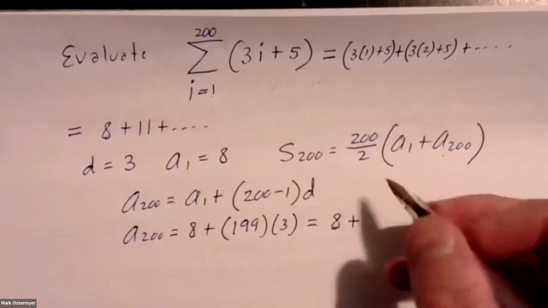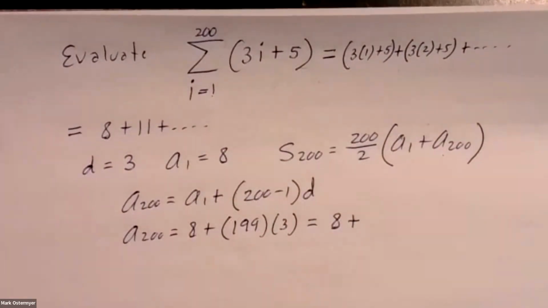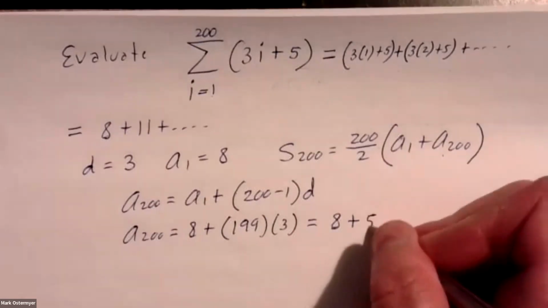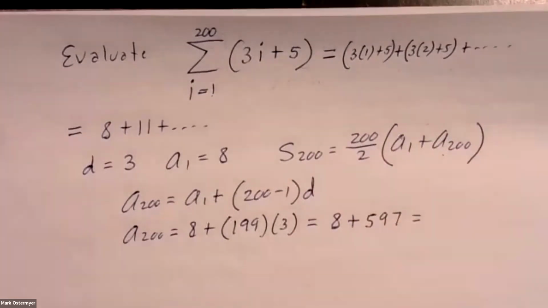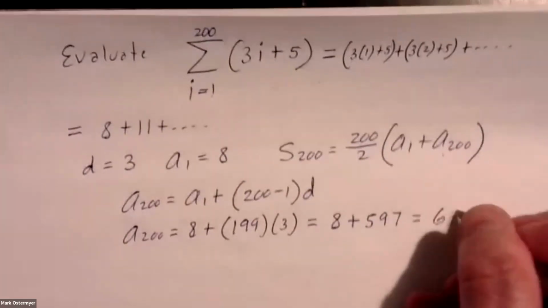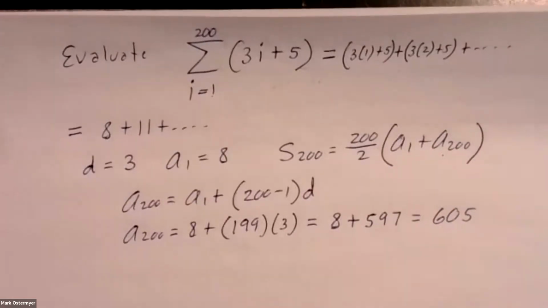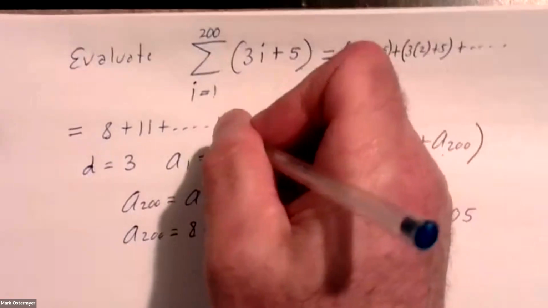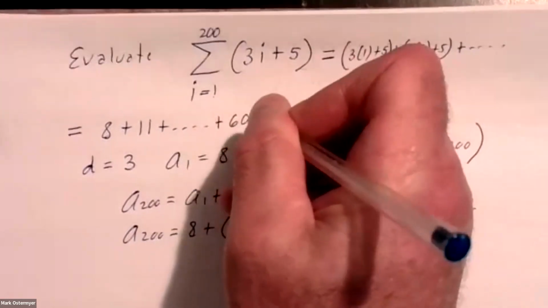So 8 plus 199 times 3, which is 597, which is 605. So our 200th term is 605. So plus all the way up to 605.